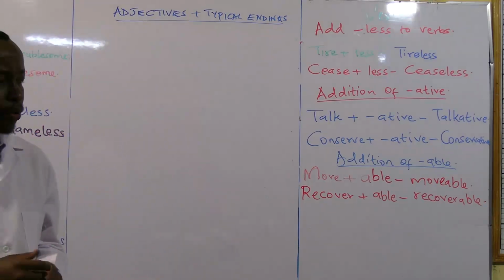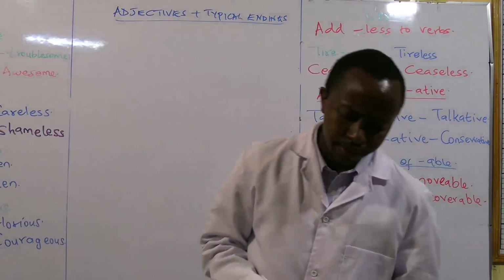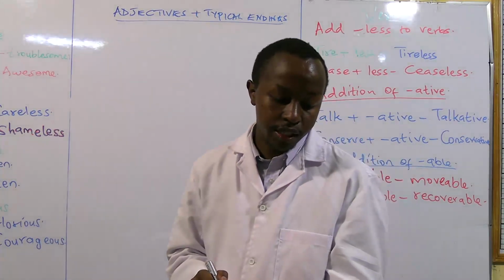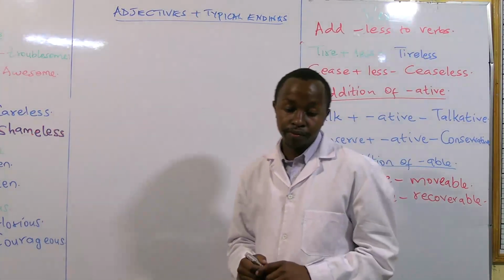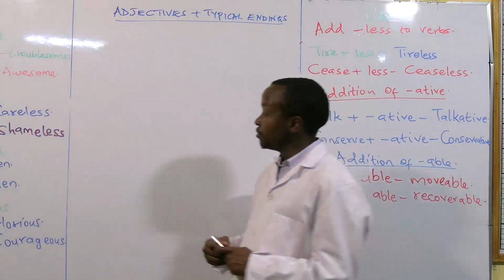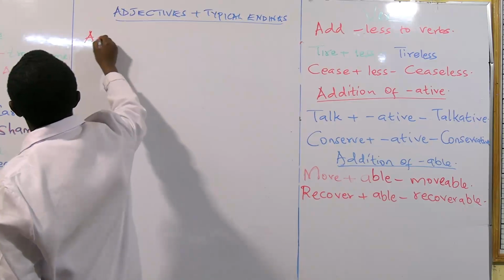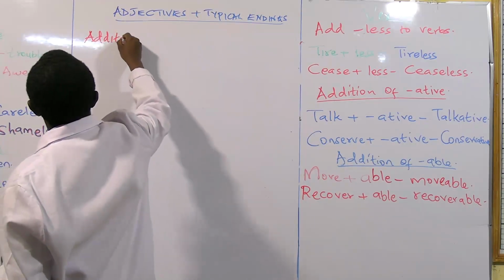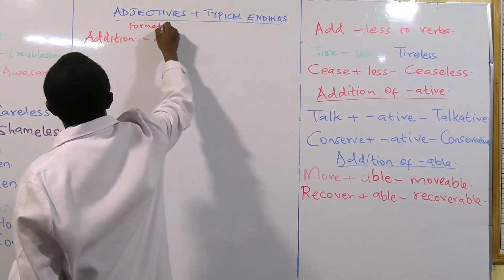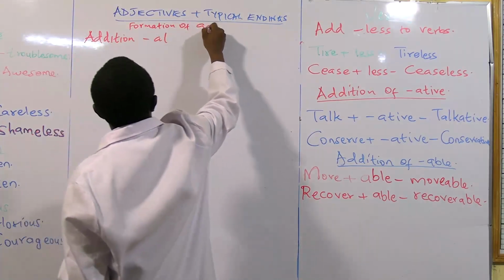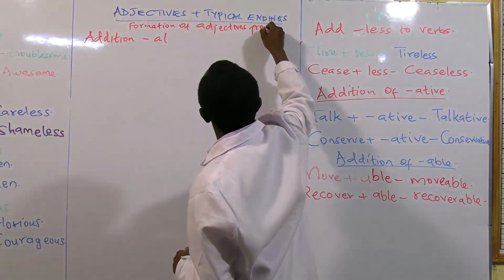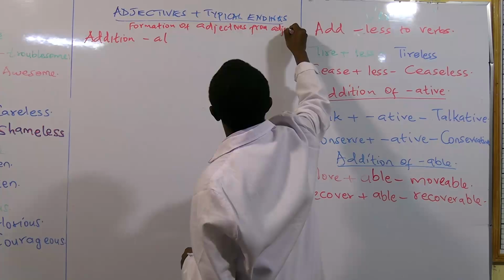Look at this. We have this other one. Addition of some other forms. You can form adjectives from other adjectives by addition of al.